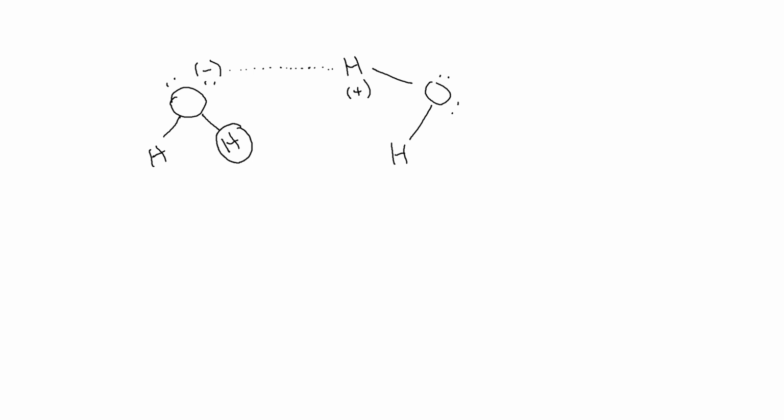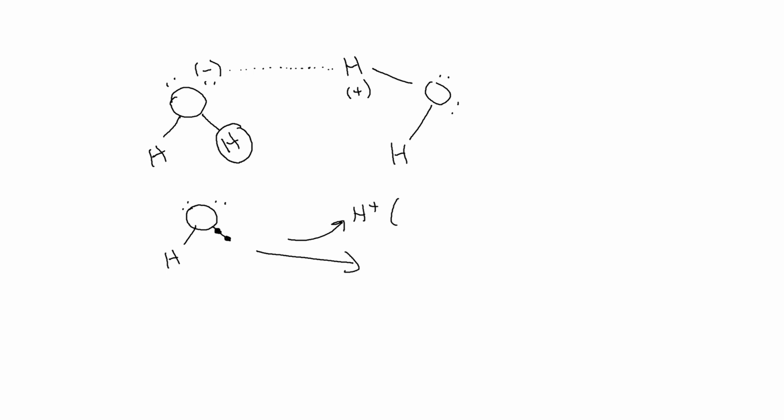Now, let's say this water molecule loses this hydrogen right here. So what happens when a water molecule loses that hydrogen? Let's go ahead and take a look. So if we draw this again, we have the hydrogen, and then we just basically draw the electrons right there.